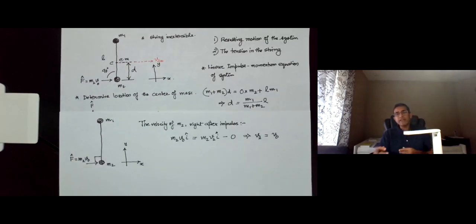Okay, so the net velocity that the particle m2 gets as a result of this impulse is v naught.